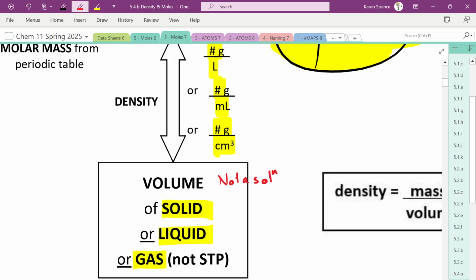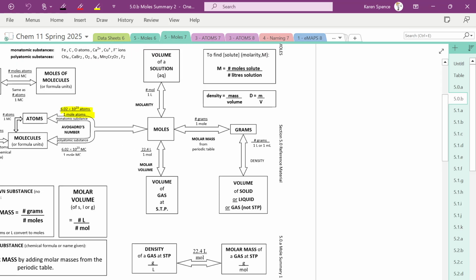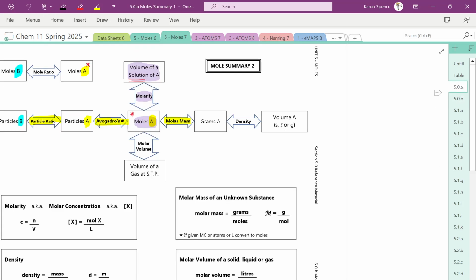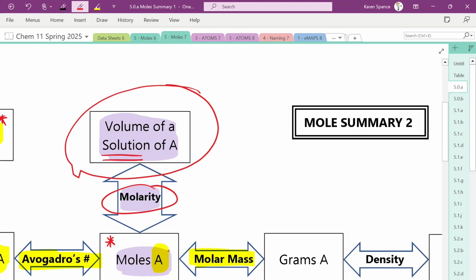If you want to find volume of a solution, see how volume of a solution is here, right? And you use molarity to get to moles, and that's what you spent the last couple days doing, yes?